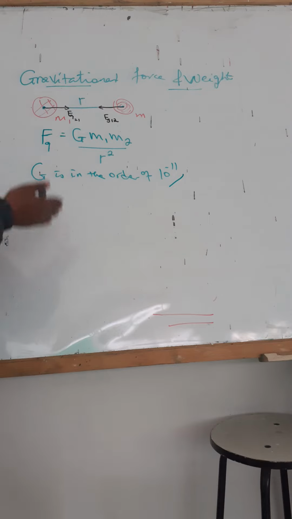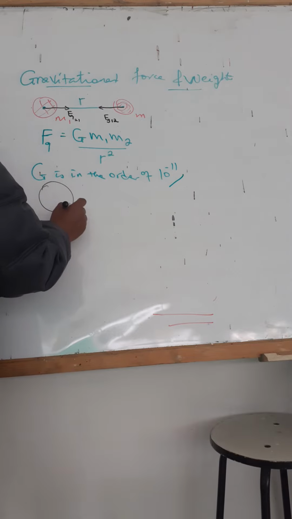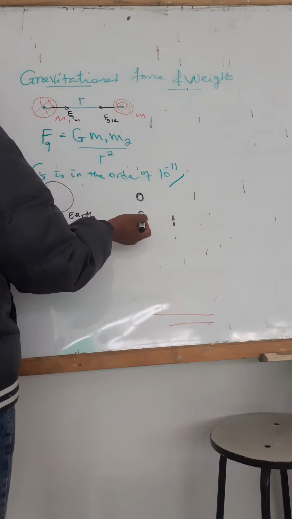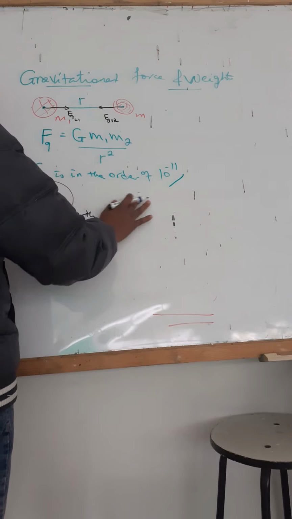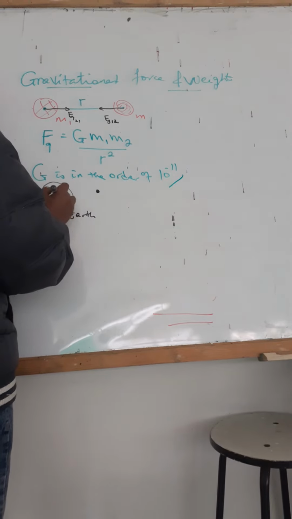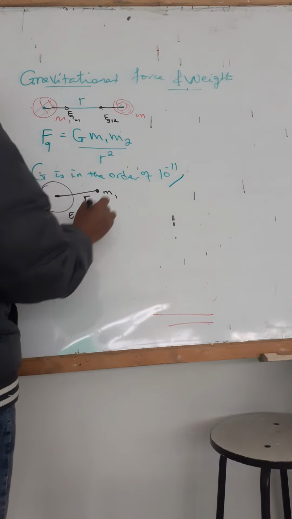To make this clear, let's consider one of the masses is Earth, and maybe the other is the Moon, or you can bring some object closer to it, say a satellite or an object at some distance from the Earth with mass m.